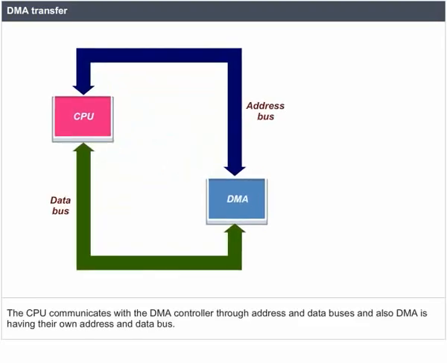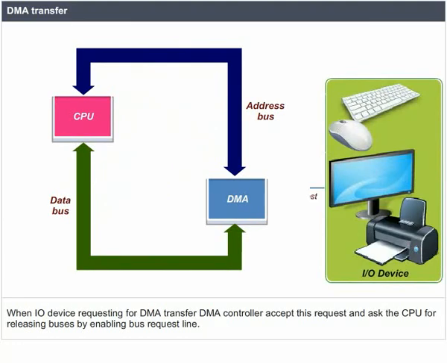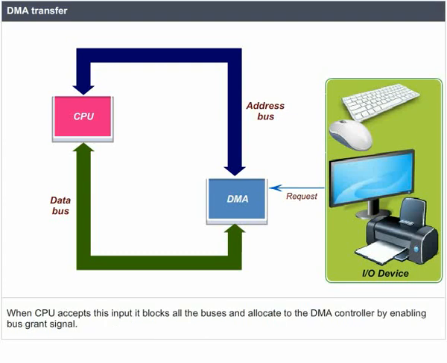DMA transfer. The CPU communicates with the DMA controller through address and data buses, and also DMA is having its own address and data bus. When input-output device requests a DMA transfer, DMA controller accepts this request and asks the CPU for releasing buses by enabling bus request line. When CPU accepts this input, it blocks all the buses and allocates them to the DMA controller by enabling bus grant signal.